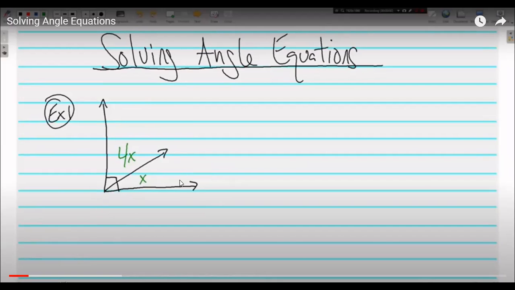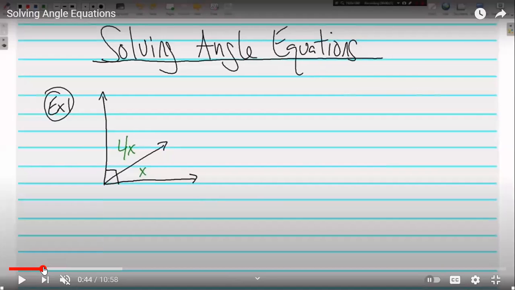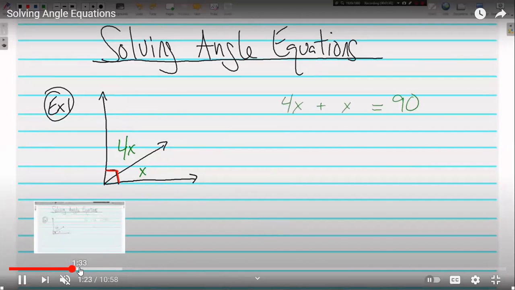Then if we want to know the measure of each angle, we are going to add them together, right? So you have 4x, this is the first one, and the second one is x. Then we add them together and their sum equals 90 degrees.